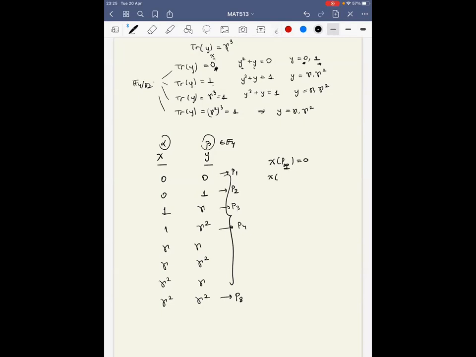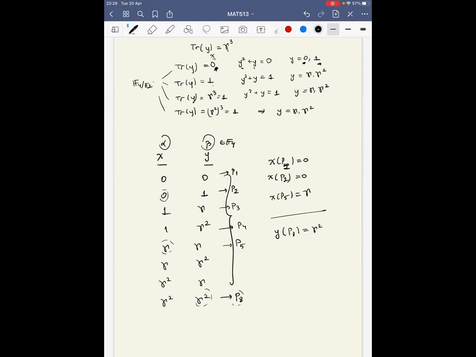When we evaluate our function x at P2, its x coordinate is going to be 0. But if you evaluate at P5, its x coordinate is going to be gamma. Similarly, we can also make the same observation for the function y. For instance, if we evaluate at P8, we take its y coordinate.